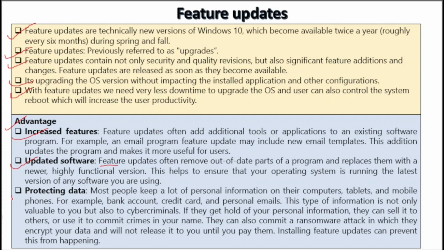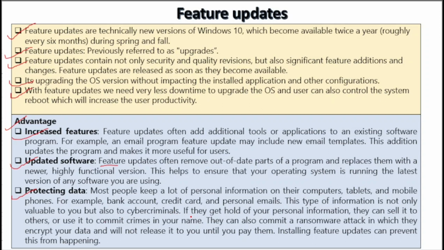Feature updates help in protecting the data. Most people keep a lot of personal information on their computers, tablets and mobile phones, for example bank accounts, credit cards and personal emails. This information is valuable not only to you but also to cyber criminals.